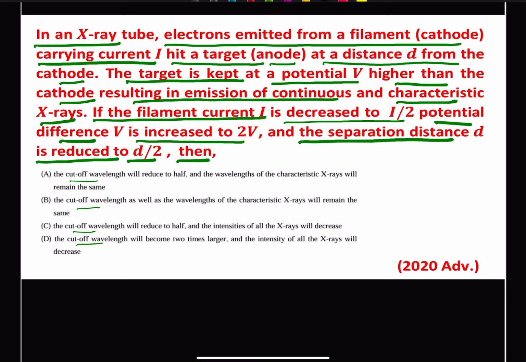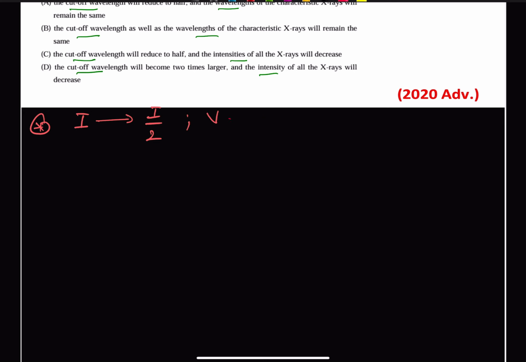Okay. So we can just summarize the question. Here it is mentioned that the initial current is our I, and this current is reduced to I by 2, and the corresponding voltage V increases to 2V, and the distance d reduces to d by 2.